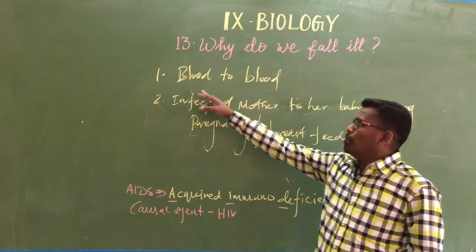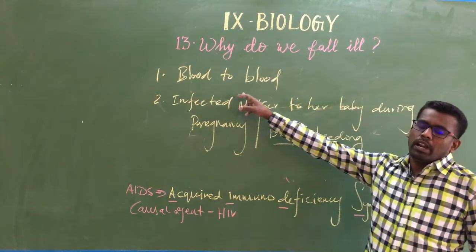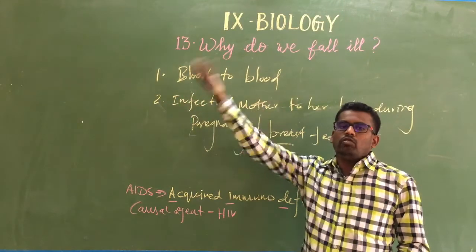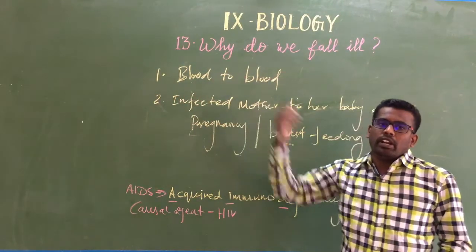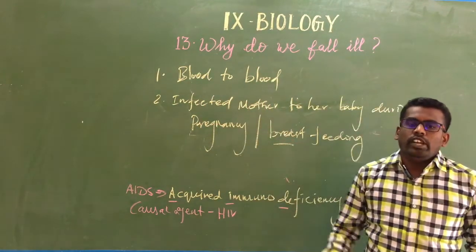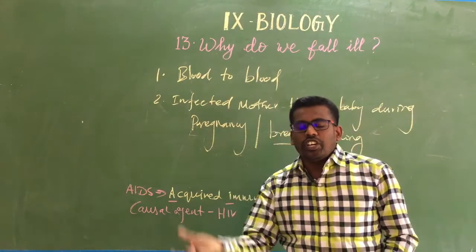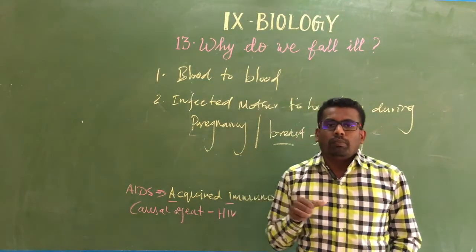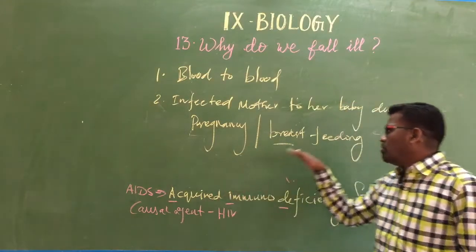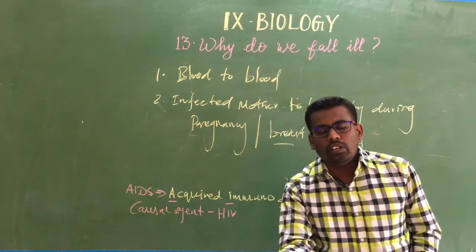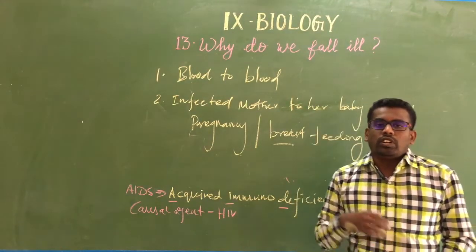It may also spread through blood transfusion. If an infected person donates blood, the disease may transfer through the blood. Or if an infected mother has the disease, the newborn baby may get it, or it may transmit through breastfeeding.